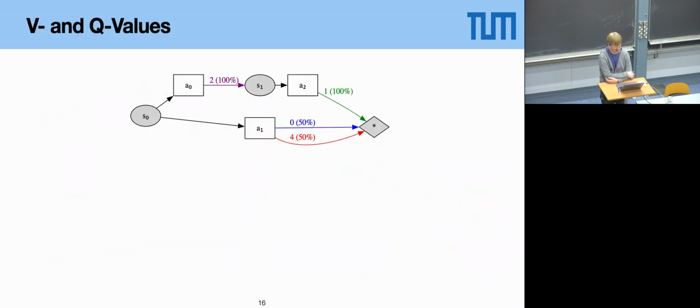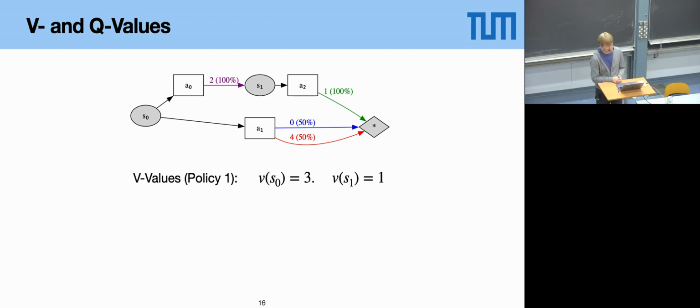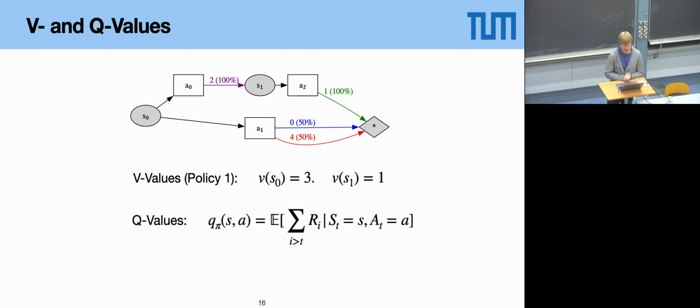So yeah, there's one more thing I have to tell you about values, namely that there are two different types of values. What you just saw are these V values. As I said, we fix a policy, and then for policy 1, S0 has a value of 3, the other one of 1. And there's now this thing called Q values, and the only difference is that as an additional argument for this value function, we use the actions.